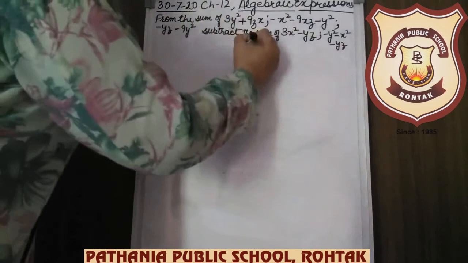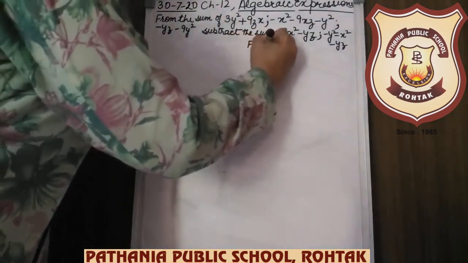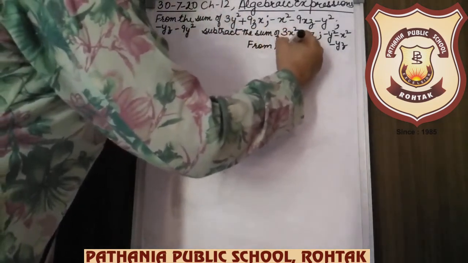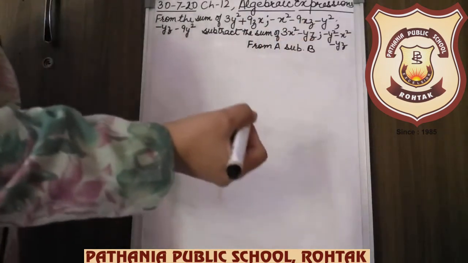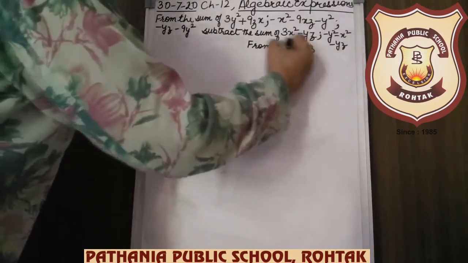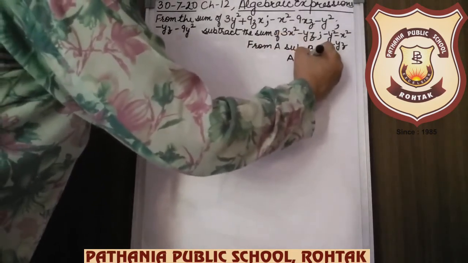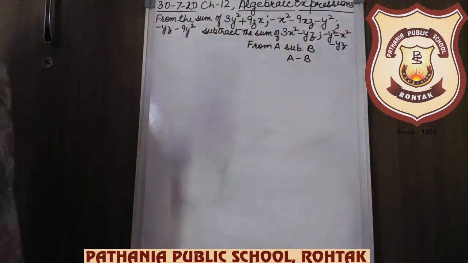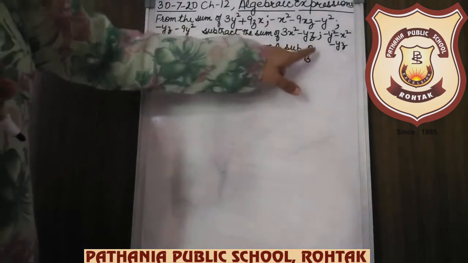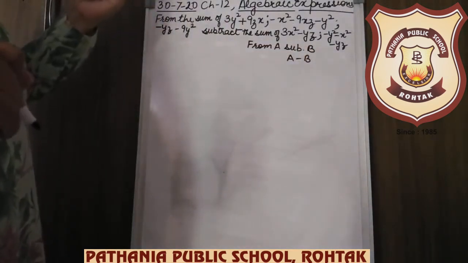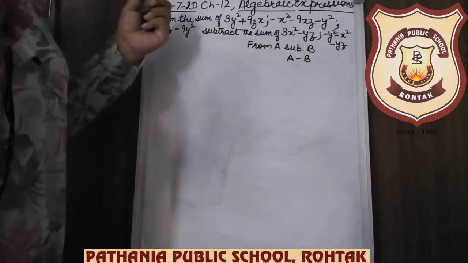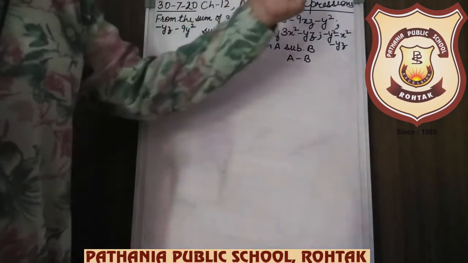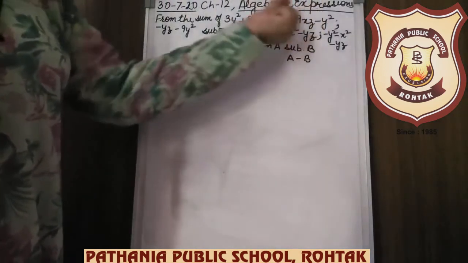From A subtract B. So how will you write? A में से B subtract, A minus B. Is this clear? From A subtract B. But in the question in the previous class I have told you subtract B from A. Then you have to write A first.